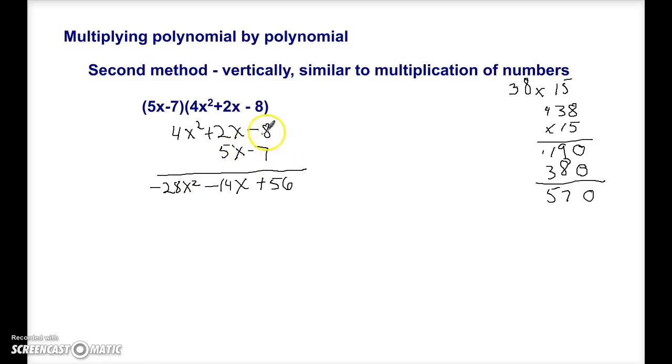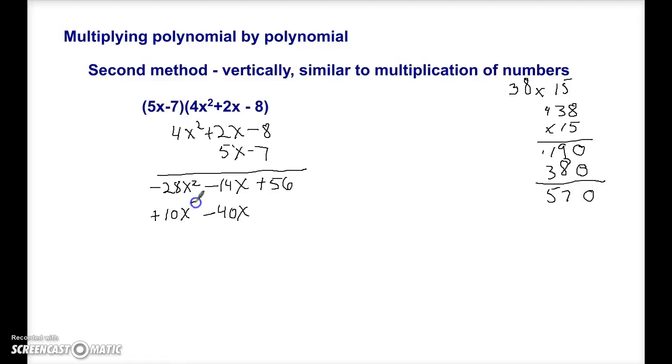Now 5x times negative 8 would be negative 40x, but instead of putting it here, I'll put it underneath the like term. So negative 40x, I'll put underneath the 14x. 5x times 2x is positive 10x squared.